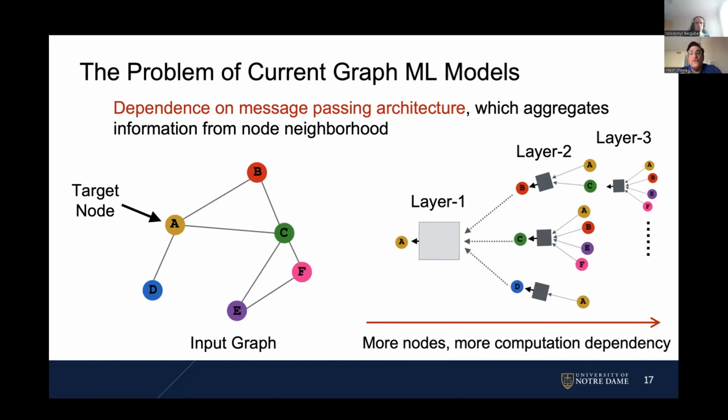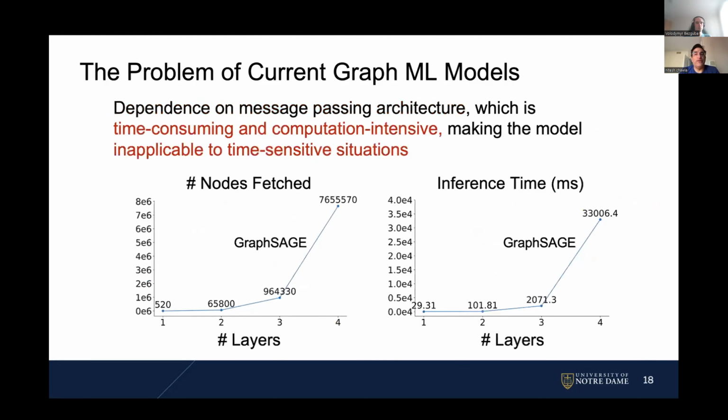So more nodes means more computational dependency. So how do we sort of overcome this computational dependency framing such that our reliance on this message passing architecture is not as computationally extensive?